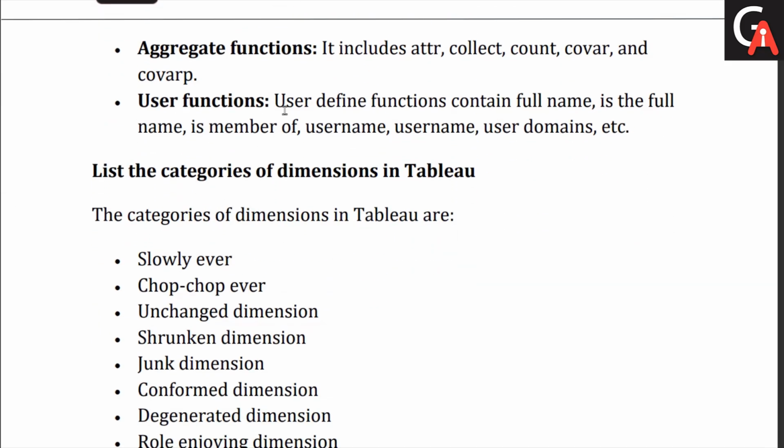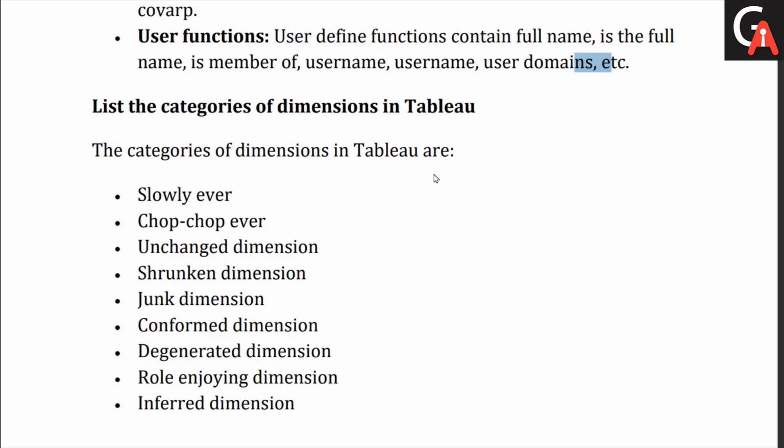And user functions are there. So user functions contain full name, is full name, and is username, domain name. These are the functions we have with respect to the user functions. So there are many categories available with respect to the Tableau functions. Okay. Next question we have, list the categories of dimension in Tableau.